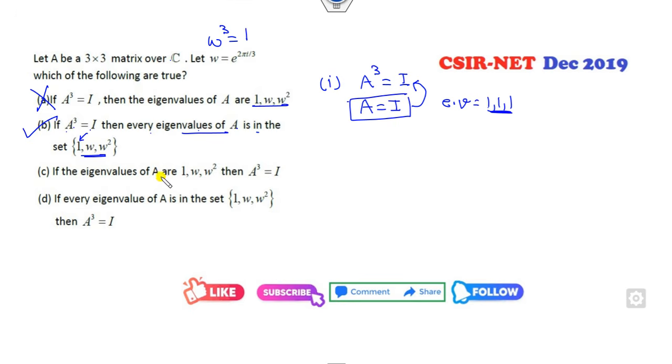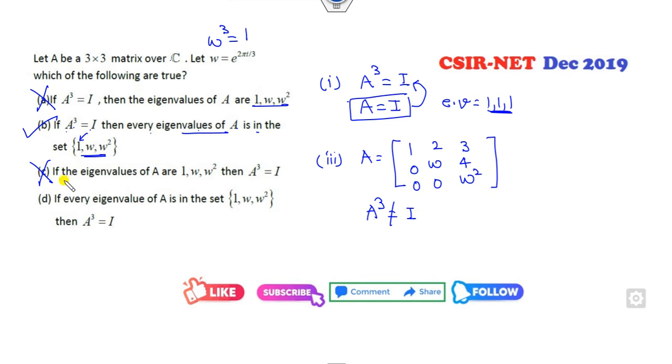If the eigenvalues of A are 1, omega and omega square, then A cube is I. Is it true? I don't think so. It's very simple. I can assume eigenvalues are 1, omega, omega square. Fine. I can simply choose this number. Can you say A cube is equal to I? No. Fine. So this option is also cancelled.